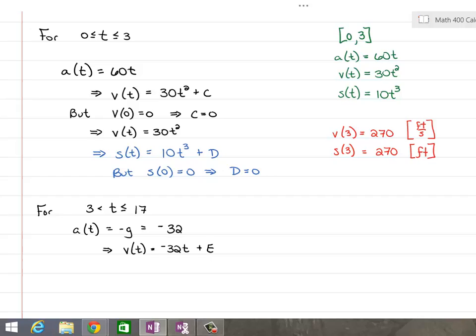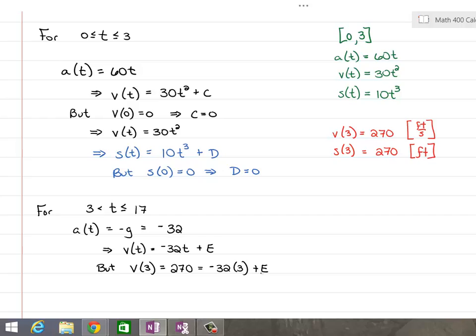However, we happen to know the velocity at time 3 should match the velocity here, which is 270. So that should be negative 32 times 3 plus e.